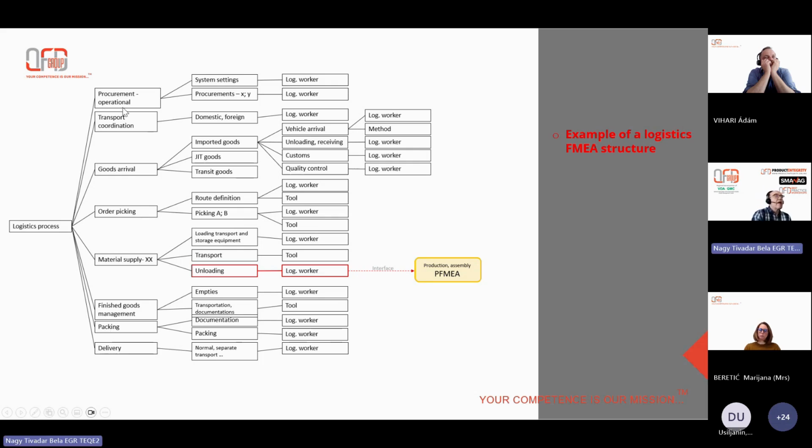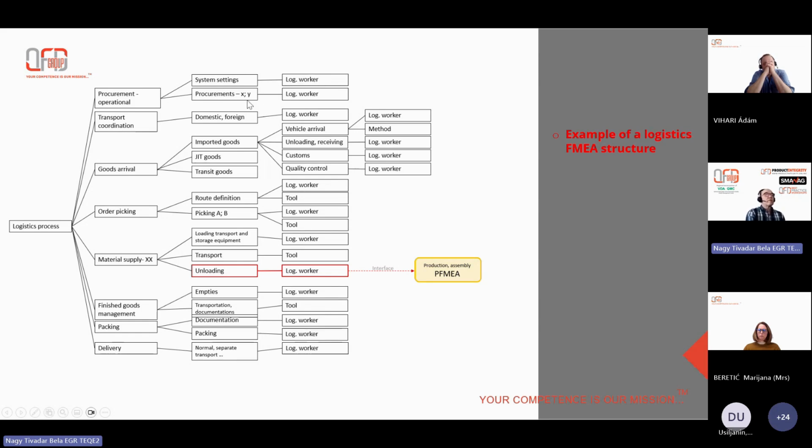And we can use more detail, for example the procurement operation, system setting, or procurement of this material. And this lower level could be the causers.